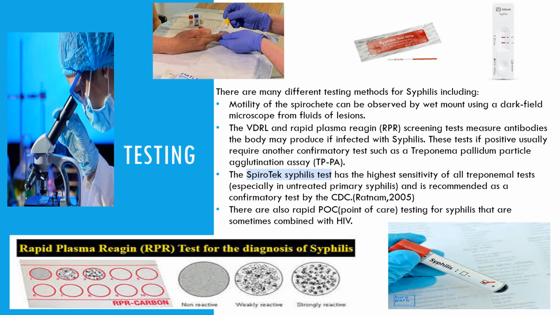These tests, if positive, do require a confirmatory test, such as the TPPA or the Spirotec syphilis test. The Spirotec syphilis test is recommended by the CDC due to its high sensitivity. There are also POC testing, or point of care test, that can be done rapidly. Often you'll see that these tests will be combined with the HIV virus.